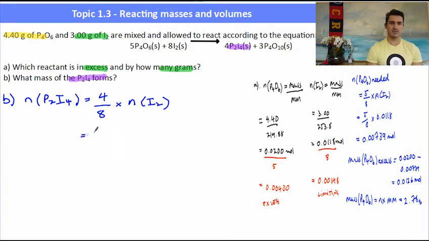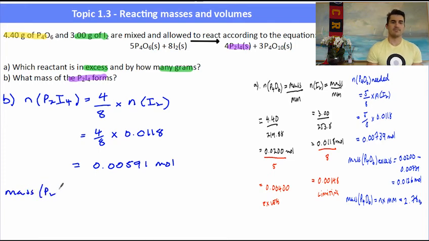Keeping that number in your calculator, you can go back and get it, because you don't want to round off too early in these questions, otherwise you'll end up with a truncation error. So we have 4 over 8 times 0.0118. That's going to give me the number of moles of my product, P2I4, which is 0.00591 mole.